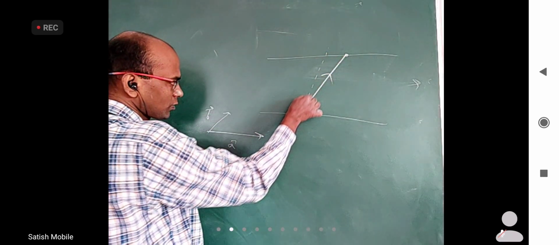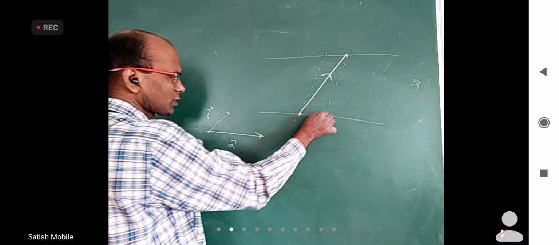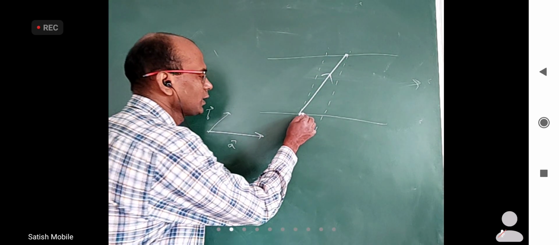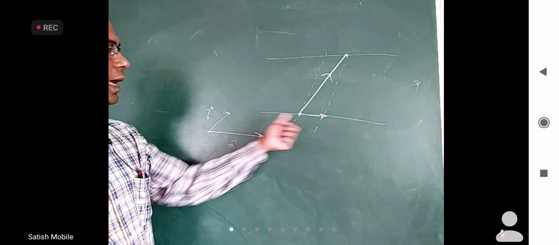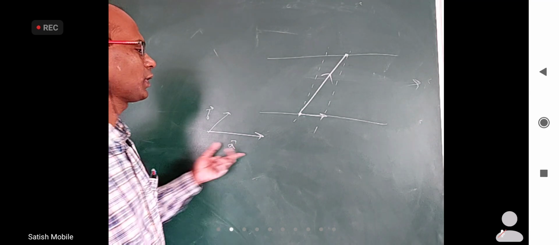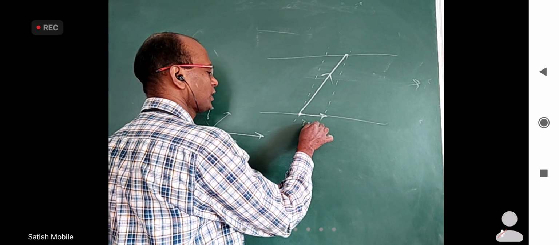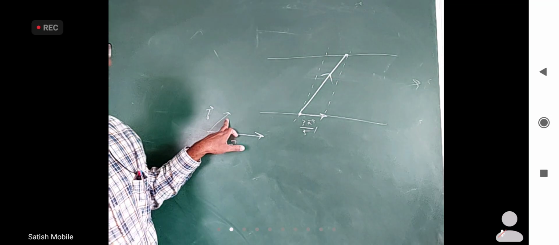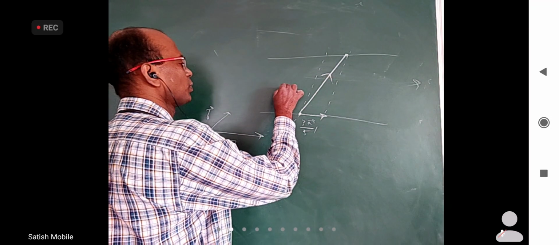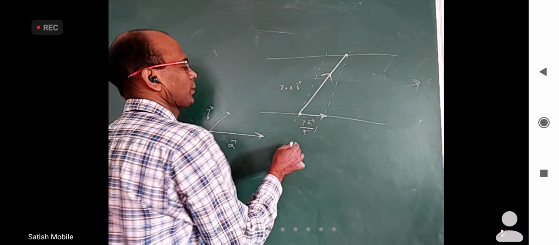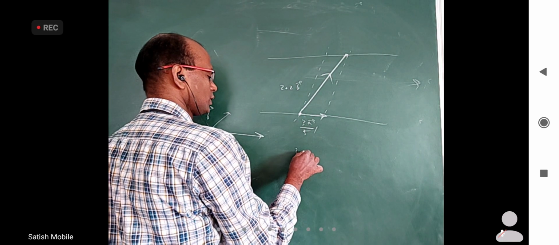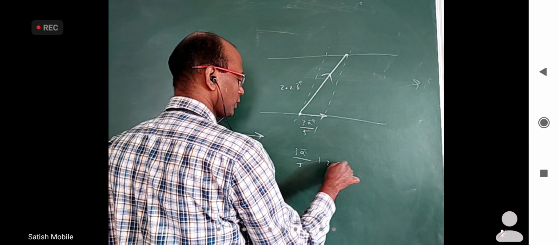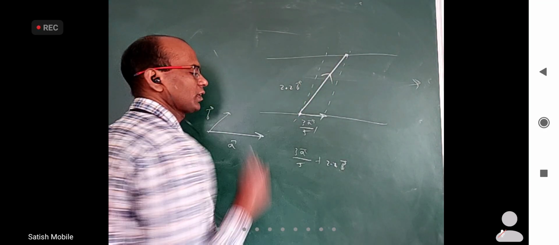Let us say one line is like this, one line is like this. Now this is a parallelogram where there is a diagonal. This is definitely parallel to a bar, so it is a multiple of a bar. Maybe it is 3a bar by 5. This one is definitely parallel to b bar. Maybe it is 2.2 b bar. Now this plus this is this. So 3a bar by 5 plus 2.2 b bar is the required vector.